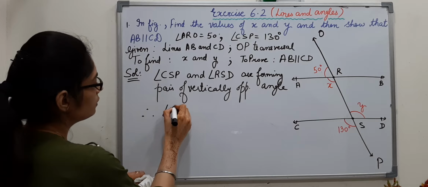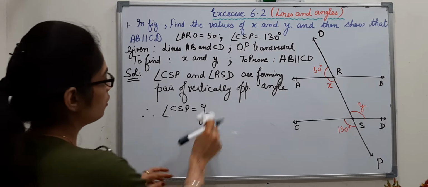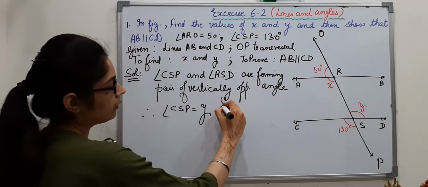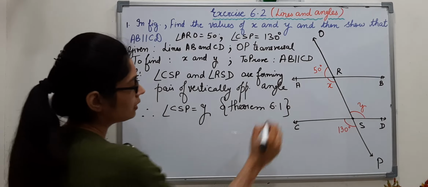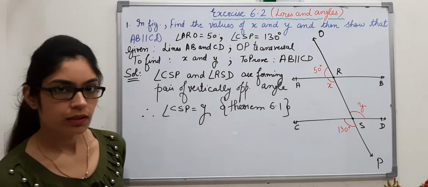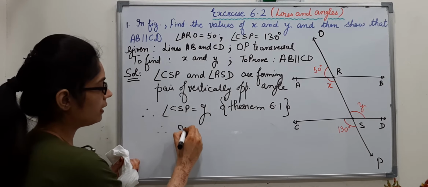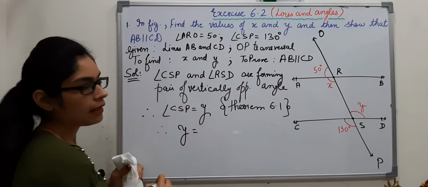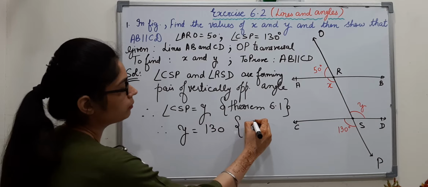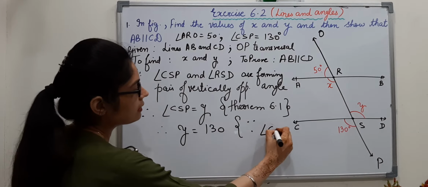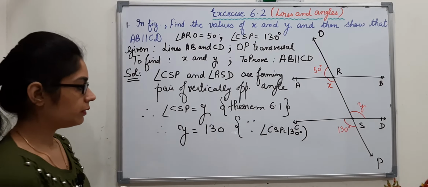Therefore angle CSP is equal to y, because vertically opposite angles are equal. So we have to write the full theorem, but I am only mentioning theorem 6.1 that a pair of vertically opposite angles are equal to each other. Therefore y is equal to, because we know the value of angle CSP which is 130 degree. So here we can mention because angle CSP is equal to 130 degree and this is already given to us.